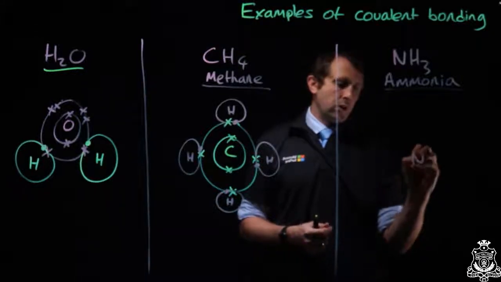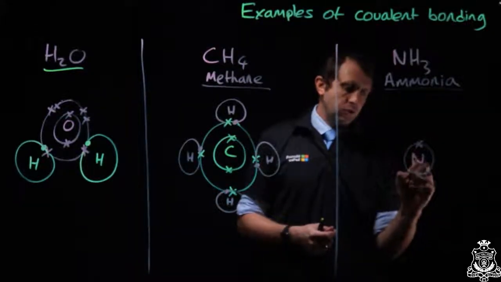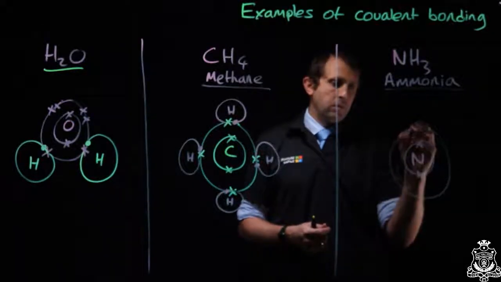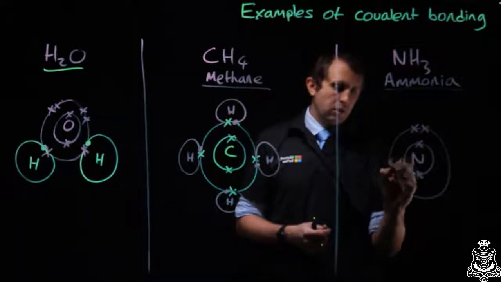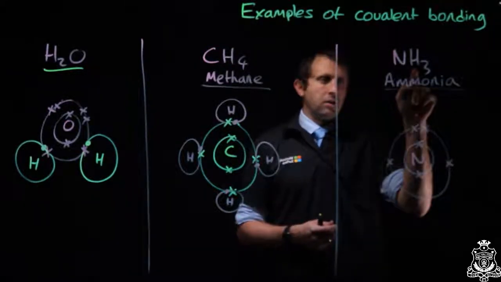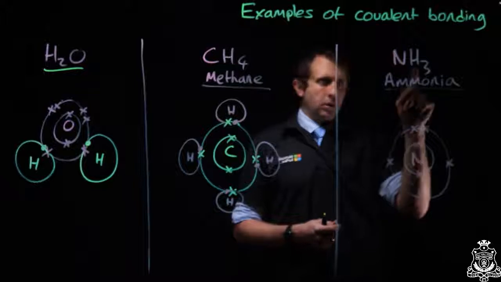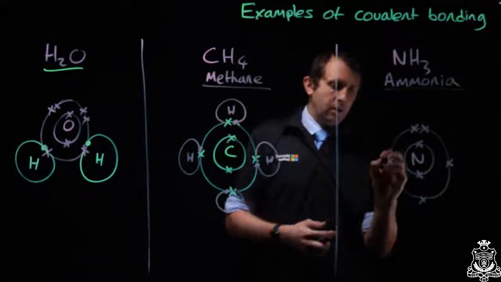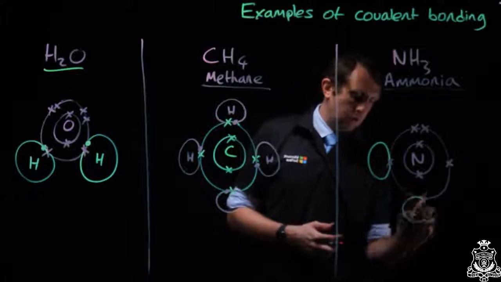So first shell has 2 electrons, second shell has 5. 1, 2, 3, 4, 5. We want these to pair up. Because we know there's 3 hydrogens, we need 1 hydrogen on each electron, so I'll spread it out like that. Then we'll draw our hydrogens in.